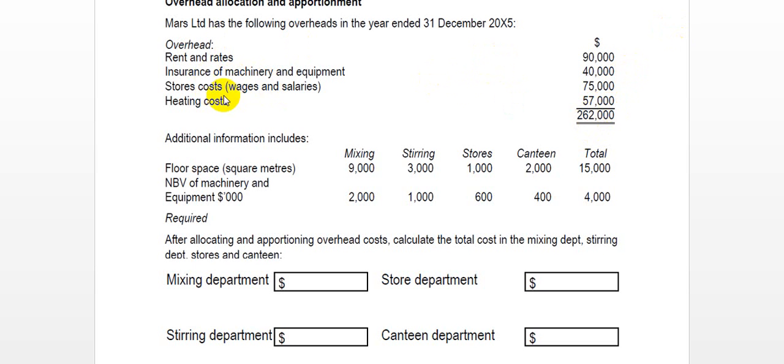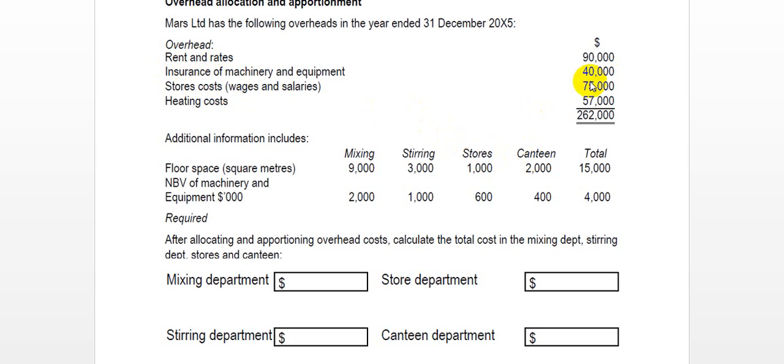Which overhead can we directly tie to any of these departments? If you go through this list of overheads, you've got rent, insurance, you've got stores costs. Stores costs, this cost is just for the stores.